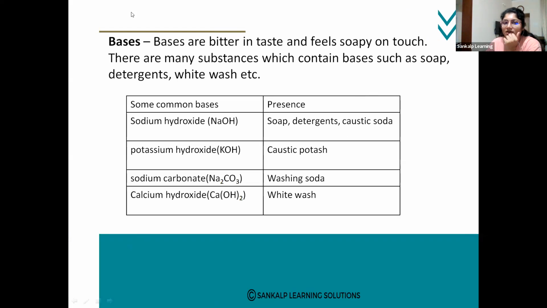Next, about bases. As we have discussed, bases are bitter in taste, and when you touch them they feel soapy. They have a soapy texture. There are many substances which contain bases, such as soap, detergents, and whitewash.